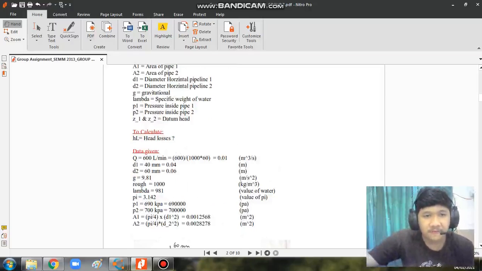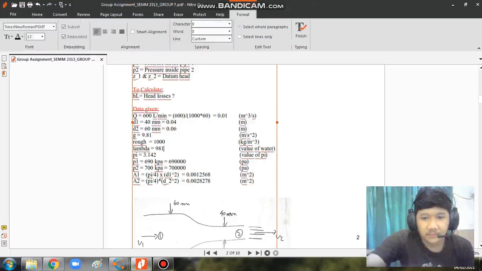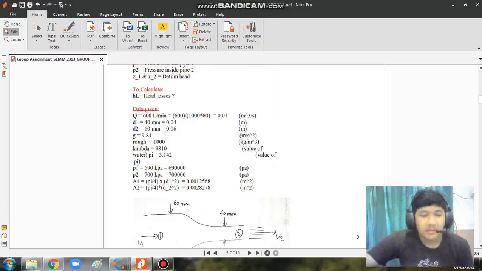We have millimeters, so converting to meters we have 0.04, and for diameter 2 we have 0.06. For the gravitational acceleration, in this question I use 9.81. Rho we have 1000, and the lambda we have 9810 for the specific weight of water.